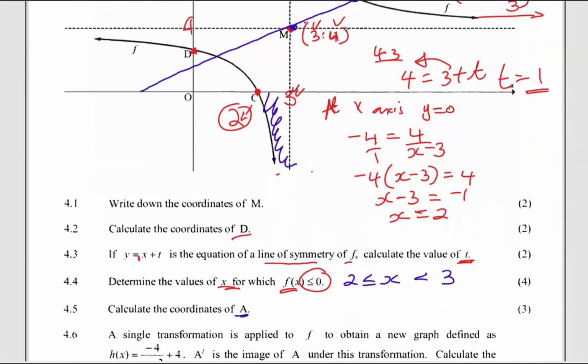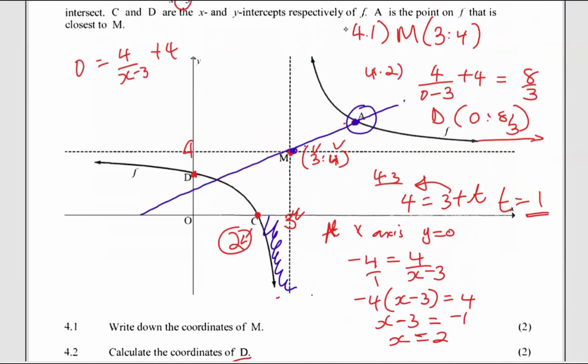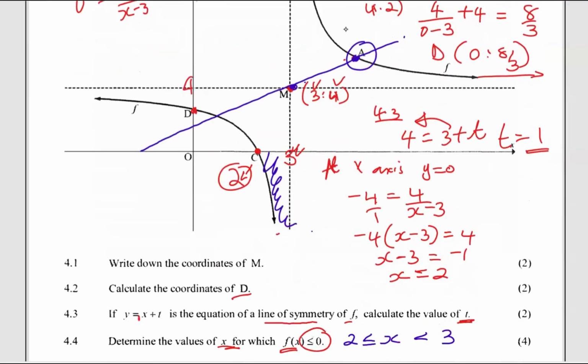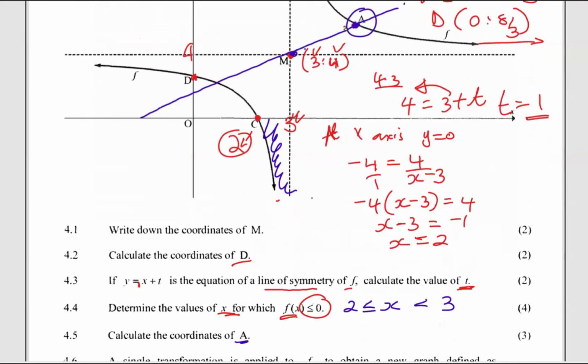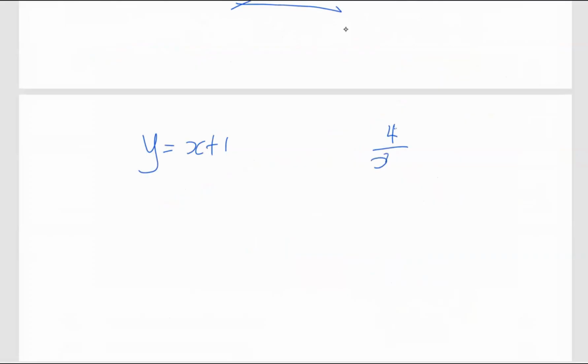So at this point, the two graphs are equal, so we're going to solve them simultaneously. So I'll say that y is equal to x plus 1, and then that one was y is equal to 4 over x minus 3 plus 4.